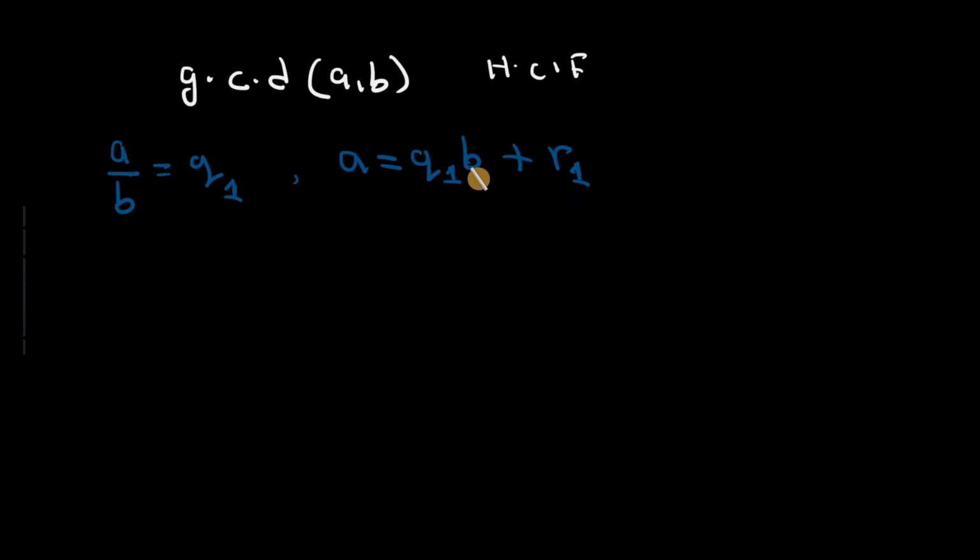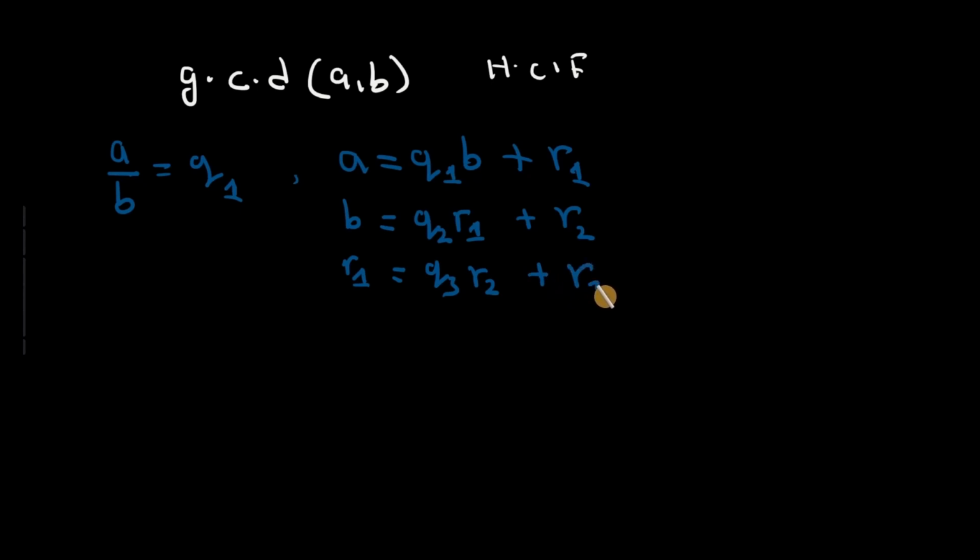In the next step, we bring b here, and we bring r1 down here as the new divisor. r1 divides b, let's say we have another quotient q2, and we have another new remainder r2. In the next step, we bring r1 here, and we bring r2 to be the new divisor. Let's say r2 divides r1. We have q3 plus a new remainder.